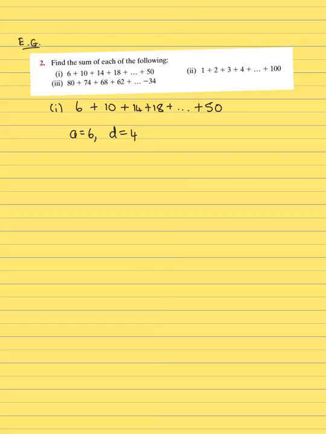So if we look at the general term of the sequence, Tn is a plus n minus 1 times d. And we know that a is 6, so the general term is 6 plus n minus 1 times 4, just 6 plus 4n minus 4.